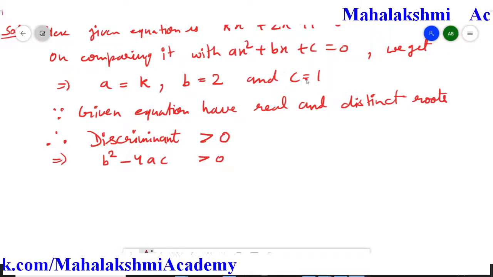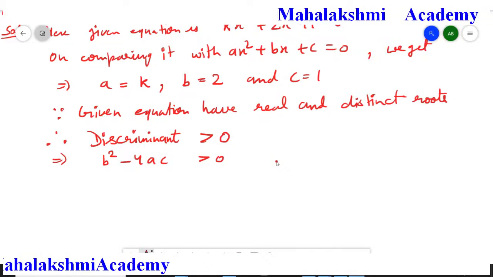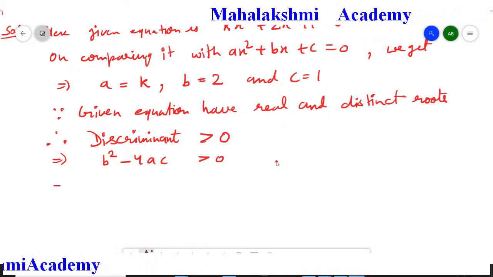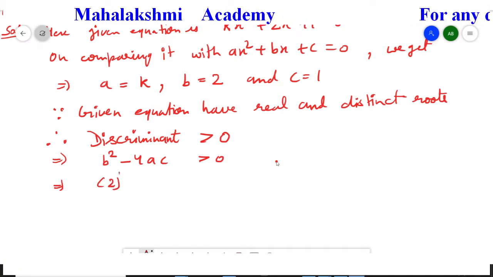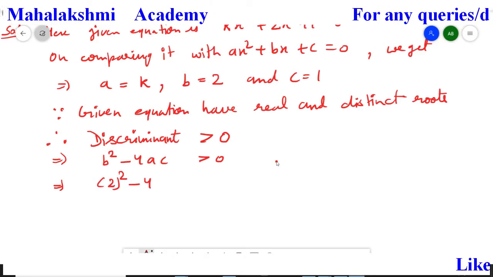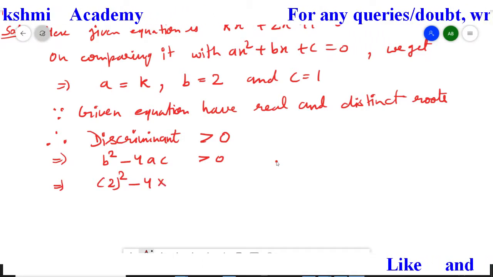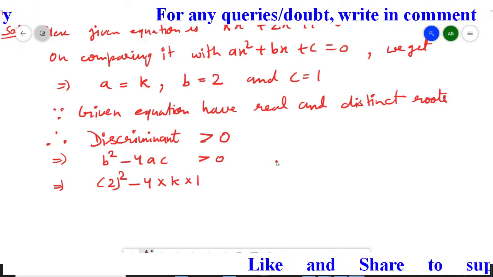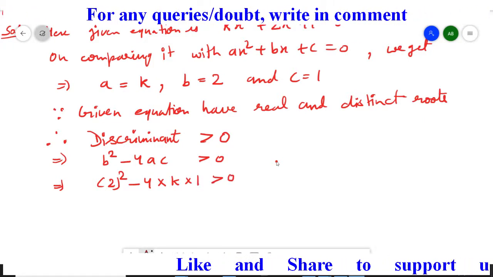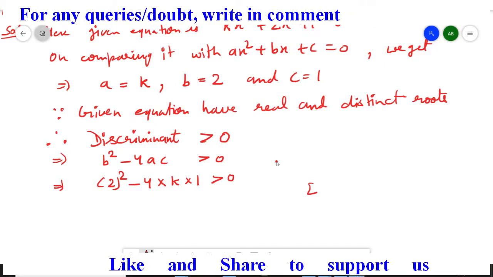Now in this we are going to put the values. When we substitute the values, b is 2, so b square is 2 square, minus 4ac. There is no symbol between them, which means they are multiplied. A is k and c is 1, greater than 0. Why did we write this?